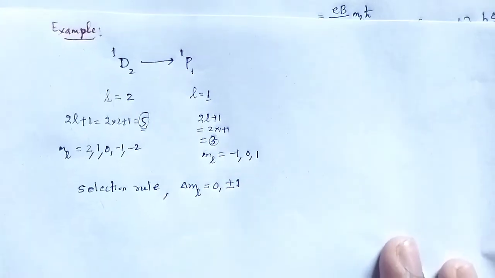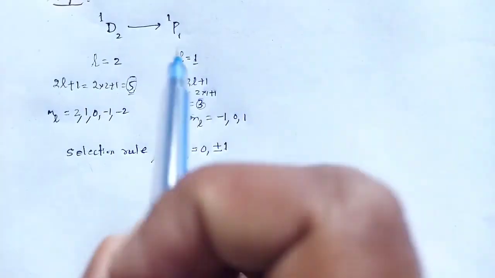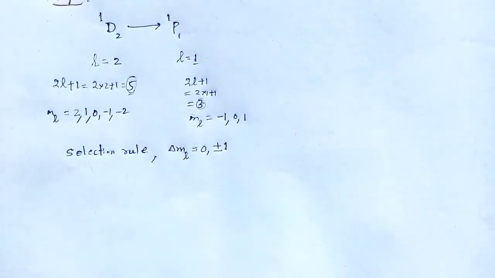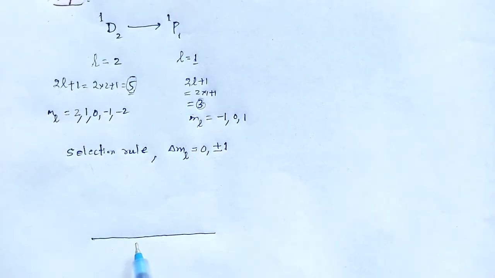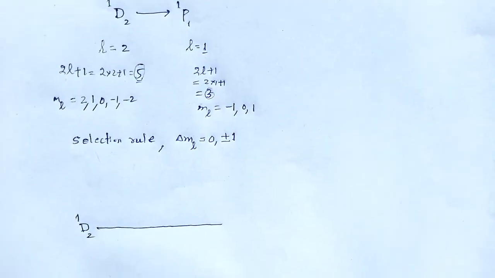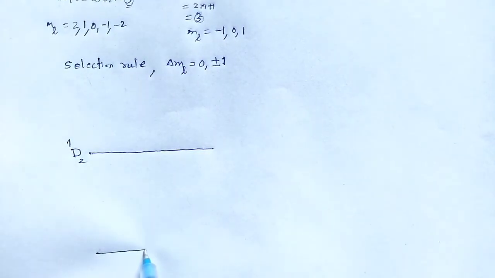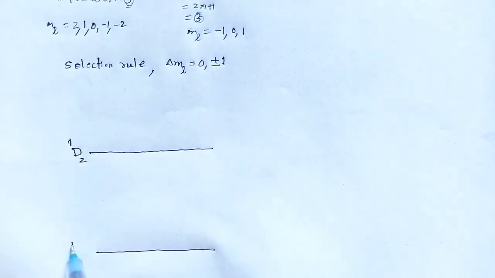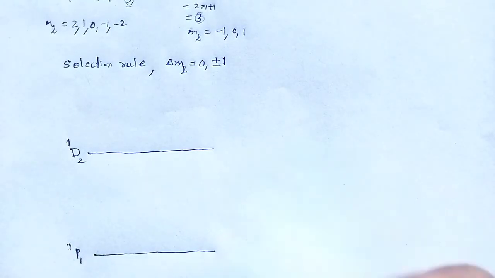Let us draw those transitions, from 1D2 to 1P1. Let me draw the lines. That line is the 1D2 line, and that line is the 1P1 line without a magnetic field.